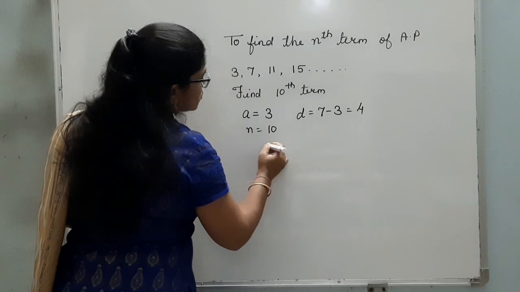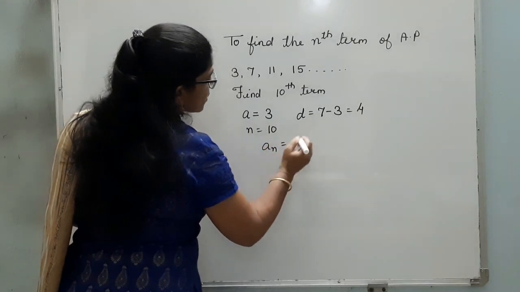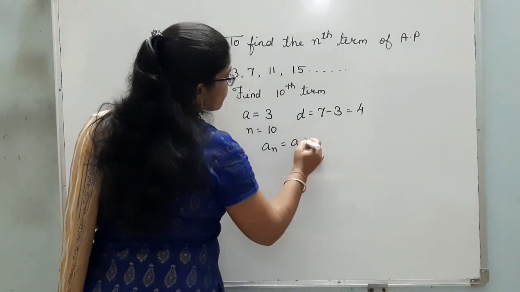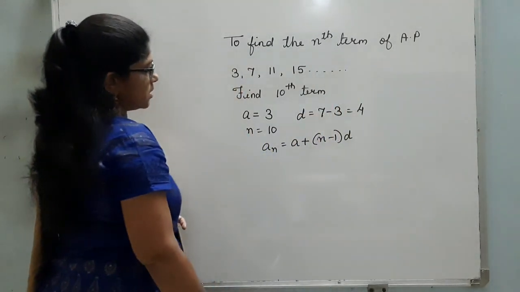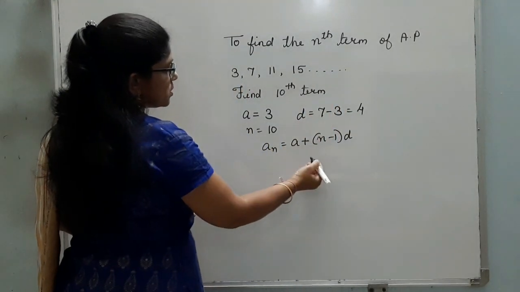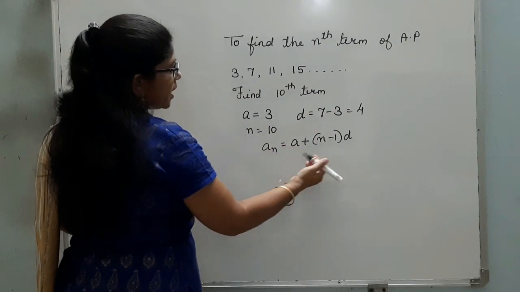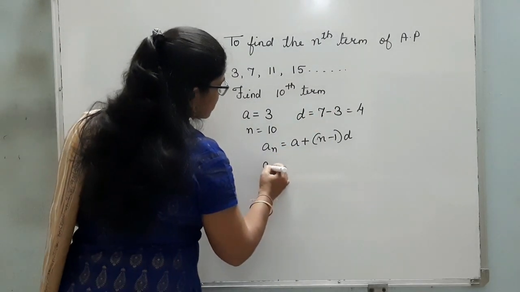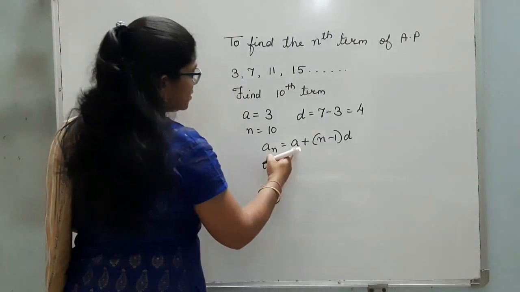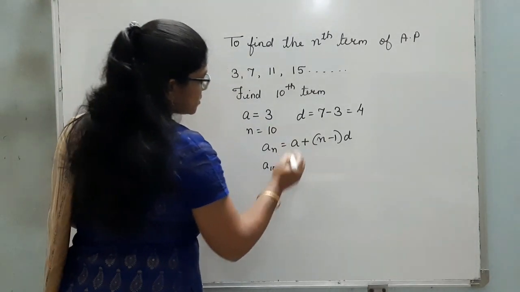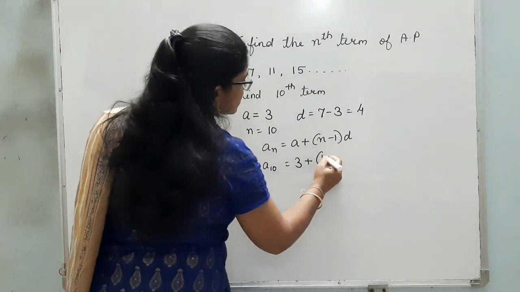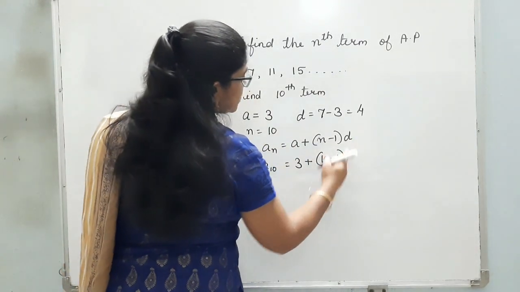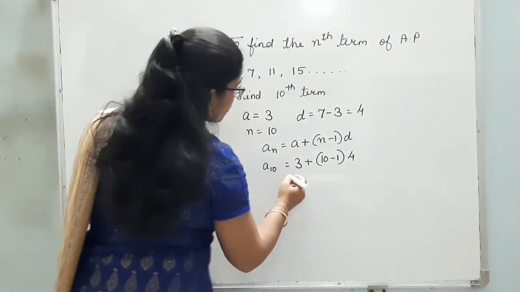We know the formula to find nth term of AP, that is AN is equal to A plus n minus 1 into D. So let us substitute the given values and find the 10th term. So A10 is, here A is 3. So let us write 3 in place of A, plus n is 10 minus 1 into D, that is 4.